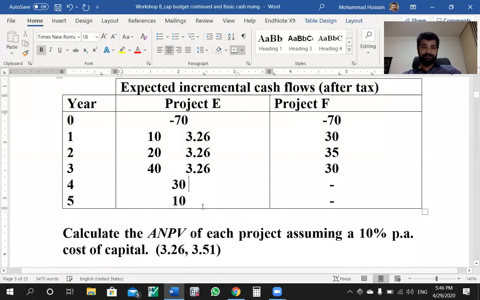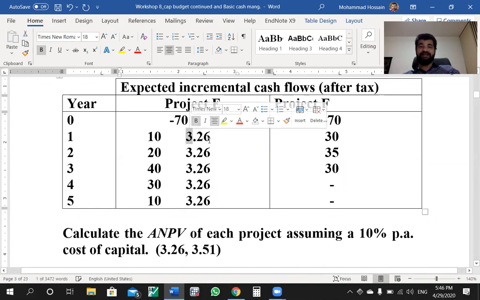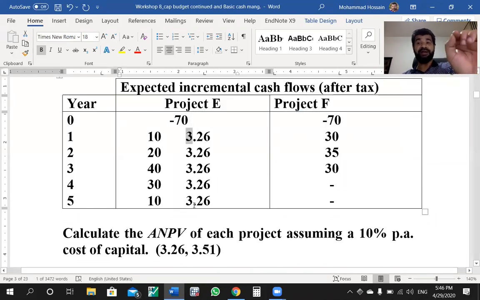Here, here, 2.6. So this is your cash flows. But you see, every year you are actually getting 3.26, 3.26, 3.26. This is also your net present value in every year.